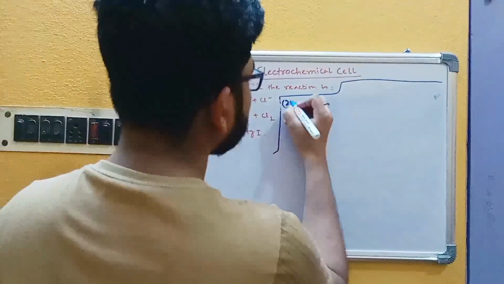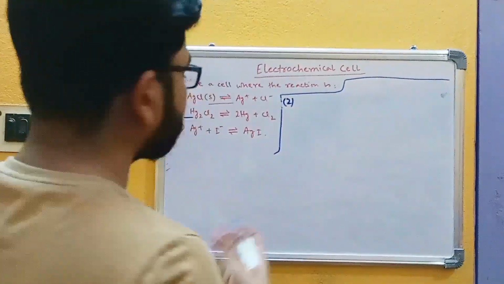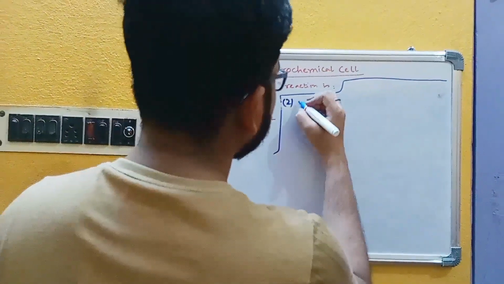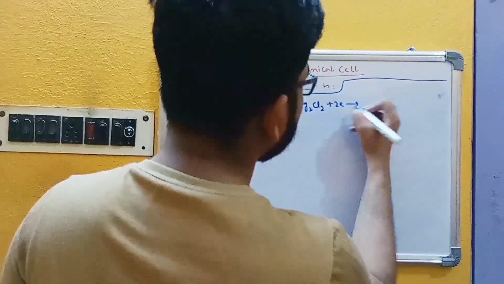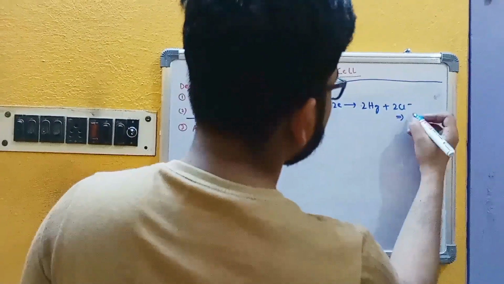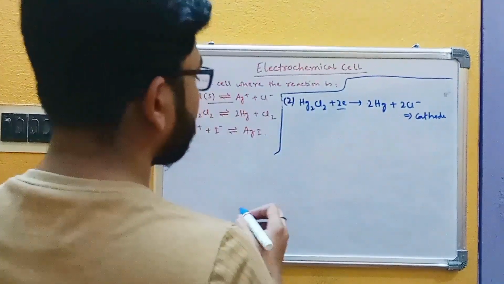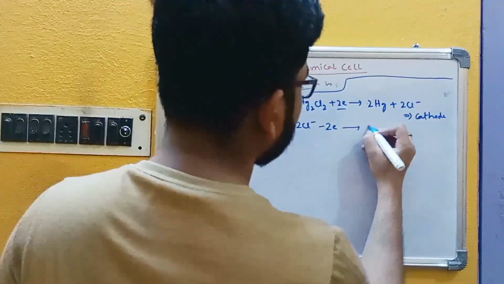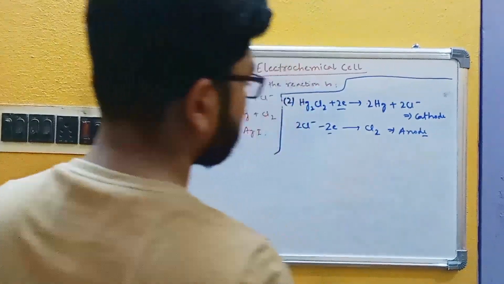Now we devise the full cell for this reaction. We discussed earlier in the second kind electrode that in case of calomel electrode, the half cell reaction is Hg2Cl2 plus 2 electrons. From that we get 2Hg plus 2Cl minus, and that acts as cathode, as here reduction takes place. And if we take this reaction, 2Cl minus minus 2 electrons, we get Cl2, that acts as anode because oxidation takes place here.